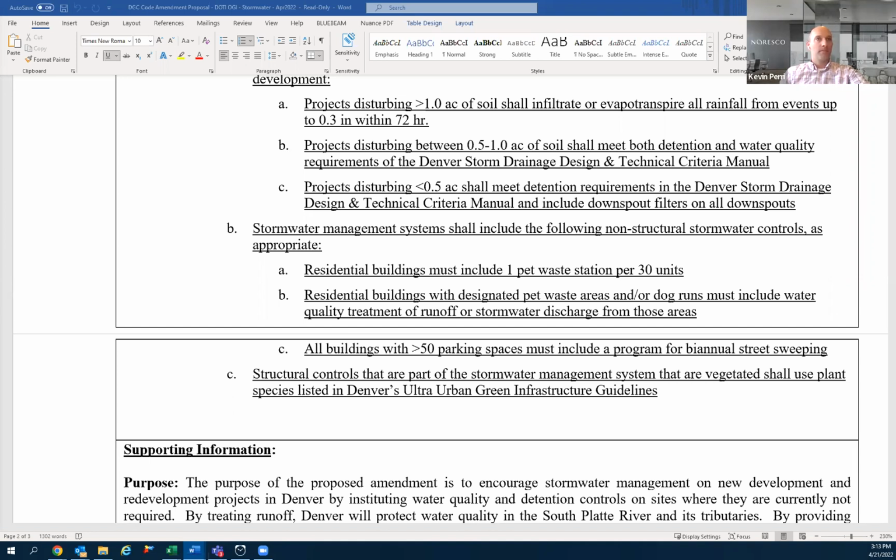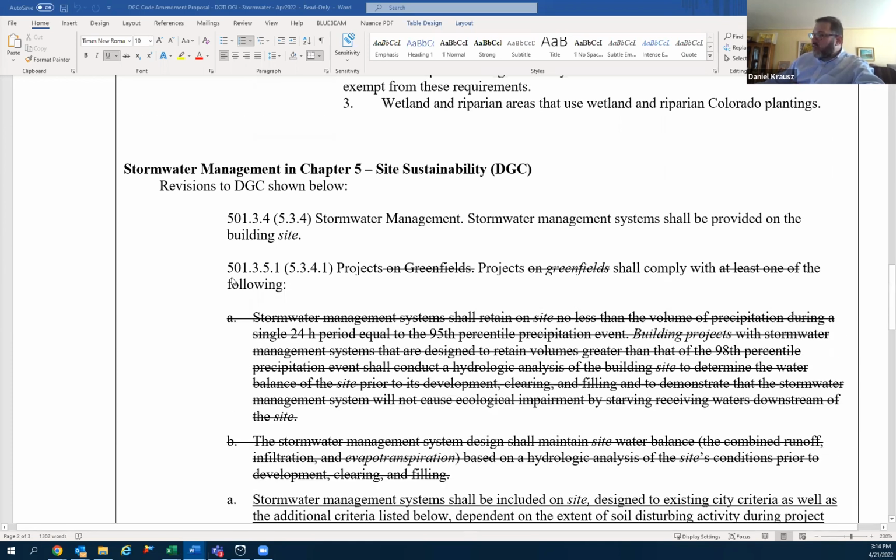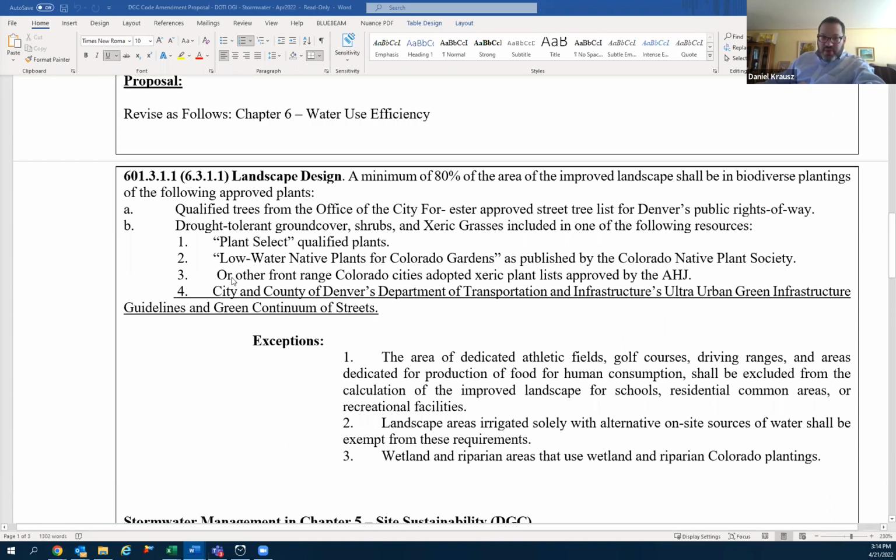Daniel. Did you say you were going to pull up our current version of landscape design 601311, or did I miss that? Because I know we may have passed something on that, and I just want to understand how item 4 that's being proposed here would be added to what was already amended and voted on. Is that correct?